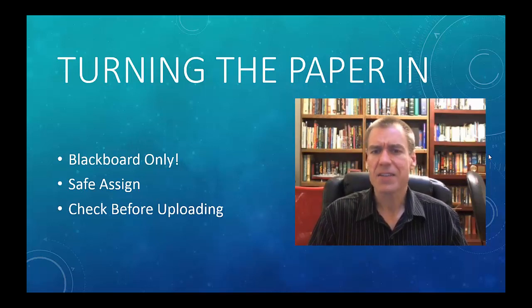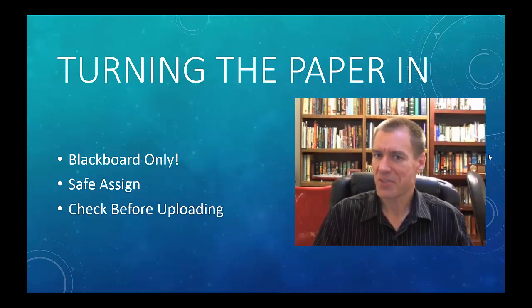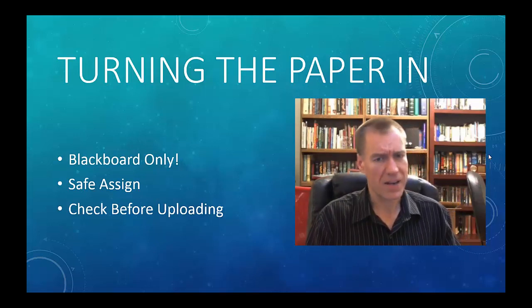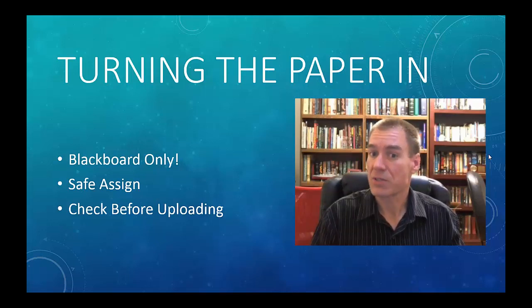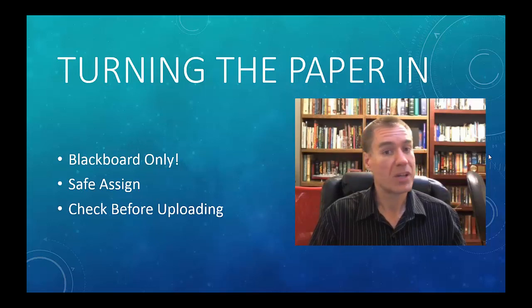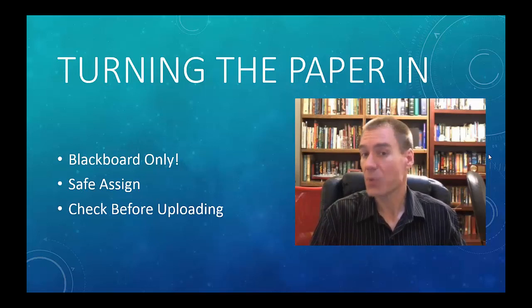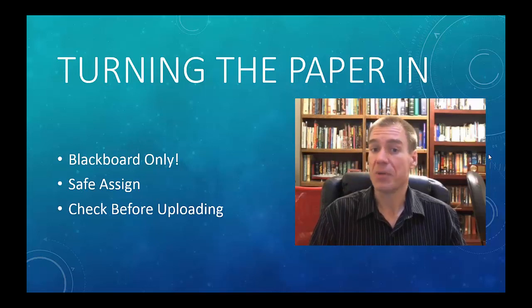Now, if you get a high score in terms of the amount that's similar to other papers, don't panic, because SafeAssign doesn't distinguish between, say, legitimately quoting sources and actual plagiarism. So what I do is I go in manually and check the paper. I found there are papers that might have 20% or even 30% from other sources, but it turns out it's legitimate because everything is properly cited.